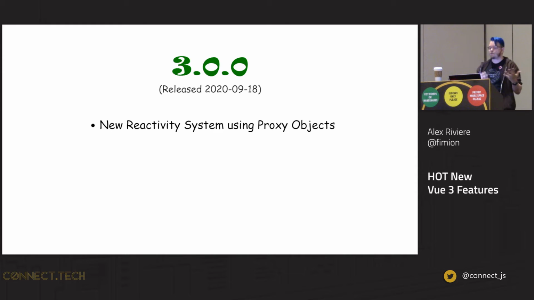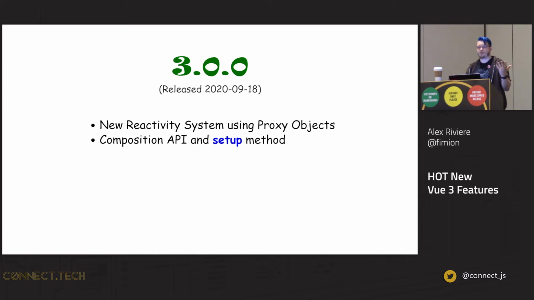And so now we are going to be using proxy objects. The downside to this is that it is not compatible with Internet Explorer. There is no polyfill for this. You can't make this up in JavaScript. It really has to be like using a modern browser. So that is the one downside to this.